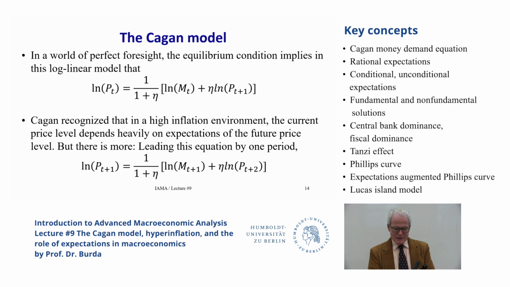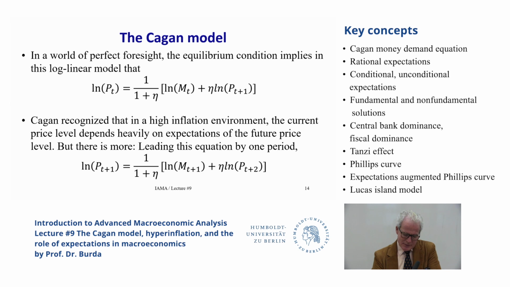So today's price level depends on today's money supply, determined by the central bank, plus the expectation of the future price level. And Cagan basically said this could be the basis for a more elaborate way of thinking about the price level today if you just lead this equation by one period. Again, this is a world, in this particular case, of perfect foresight.